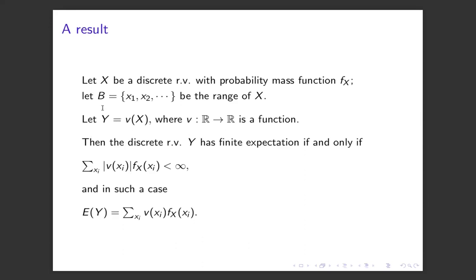It will be a subset of the range of b. We will soon describe that. Then this result says this discrete random variable Y has finite expectation if and only if the summation over xi varying over B of mod b(xi) times f sub X of xi is finite.